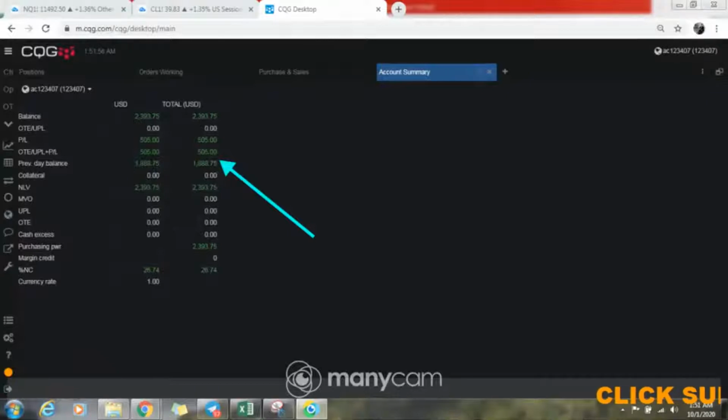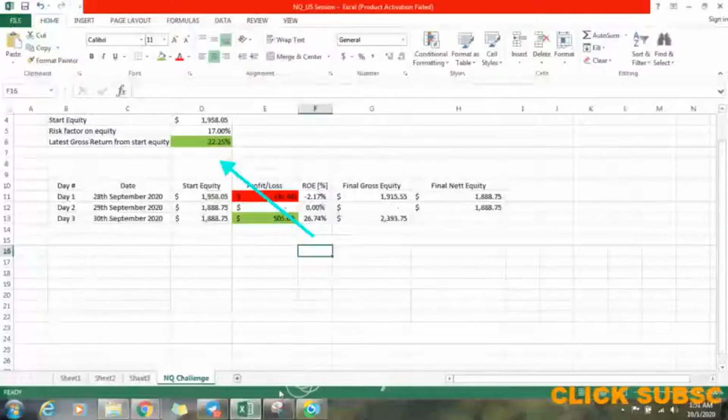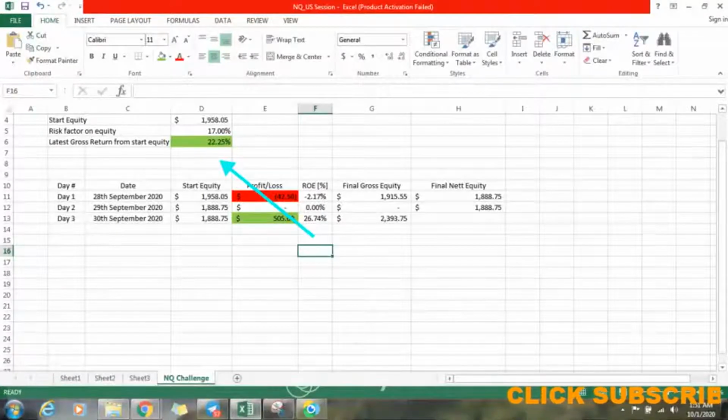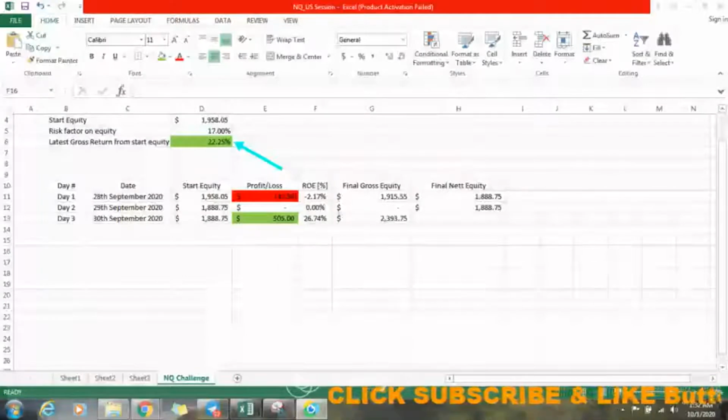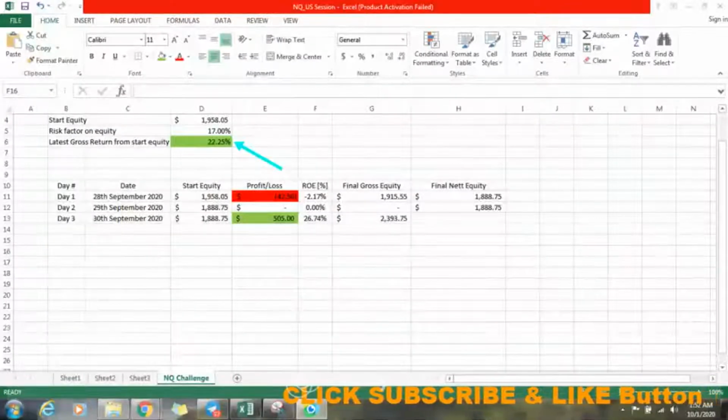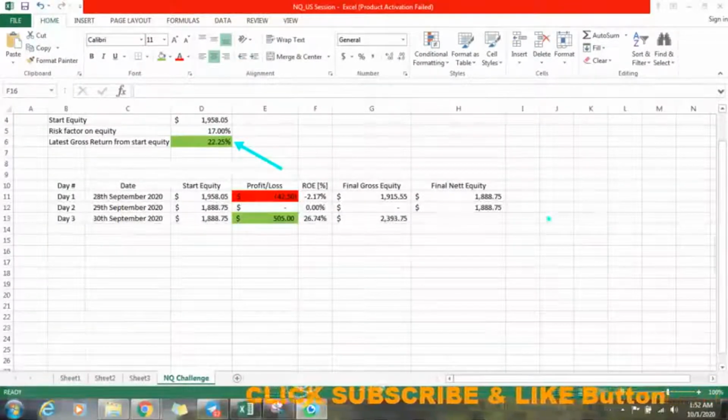So just to prove that so far we still manage to get around 22.25 gross return. We'll see how much today's commission and brokerage is.